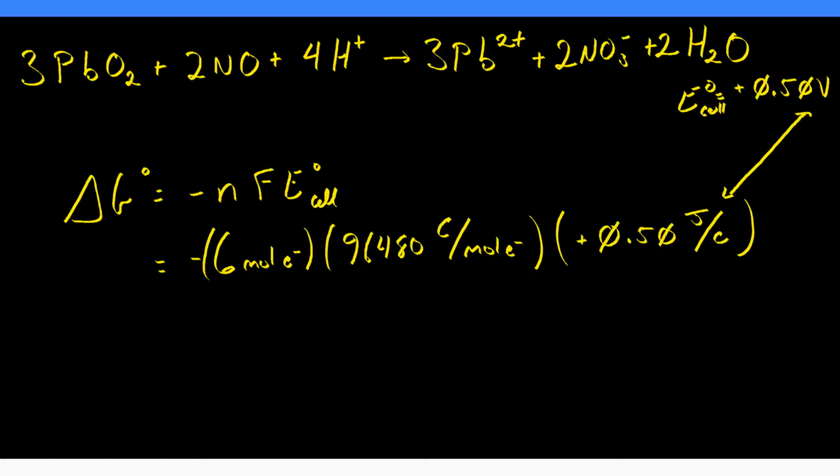When you multiply all that out, you get negative 290 kilojoules. It doesn't necessarily mean much to you, except that a negative sign means it's a spontaneous reaction, so it's what we would expect there. But it's something that you can use to get other information, as we'll see soon enough.